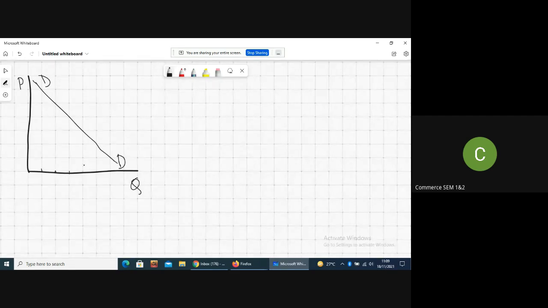When we talk about consumer behavior or utility theory, we'll see that as the quantity demanded or consumption of a commodity increases, the marginal utility of that commodity will keep on decreasing. That is why you are paying according to the marginal utility of the commodity.